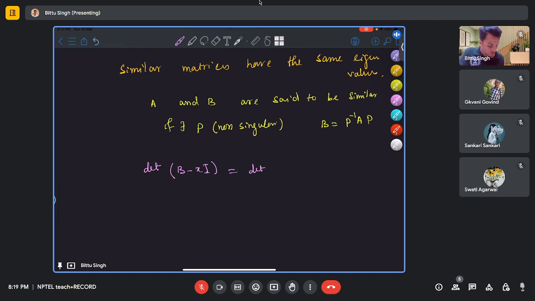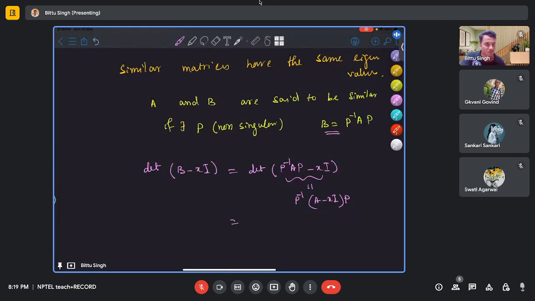Since B can be written as P inverse AP, this is the same as determinant of P inverse AP minus xi. Now you can take P inverse and P common, and this is actually A minus xi. Multiply those and the distributive property gives the inner part, right?